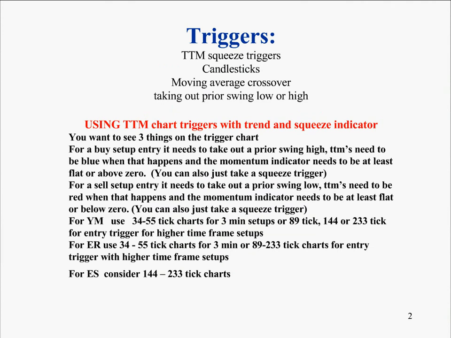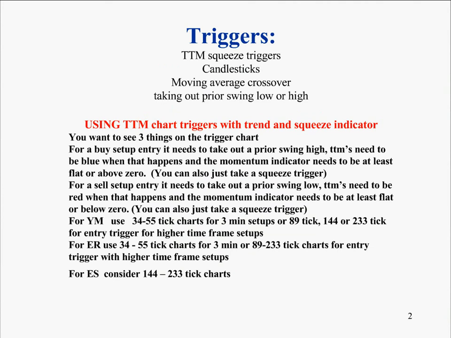And then I want to see the momentum indicator either flat or in favor of the trade. So if it's for a short, I want it to be either flat or below 0. If it's for a buy, I want it to be either flat or above 0. So that's what I like to see, and I'll go over quite a few examples of using it, including a couple of setups from the last trading day or so.